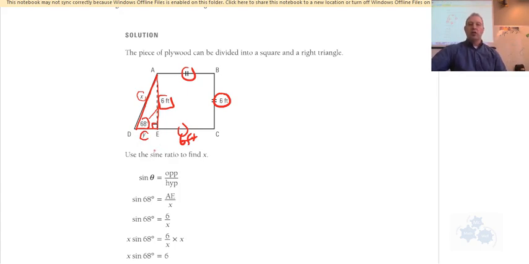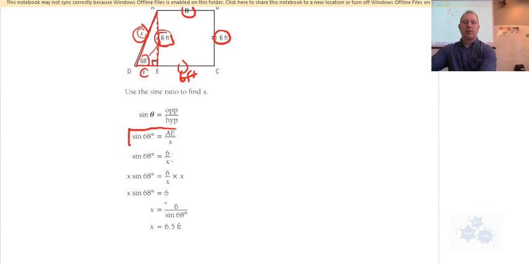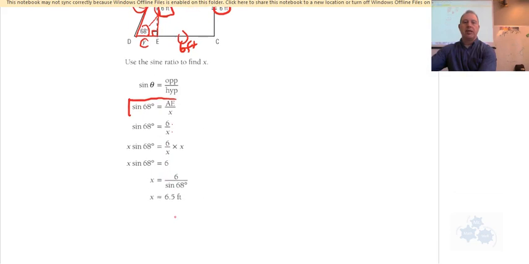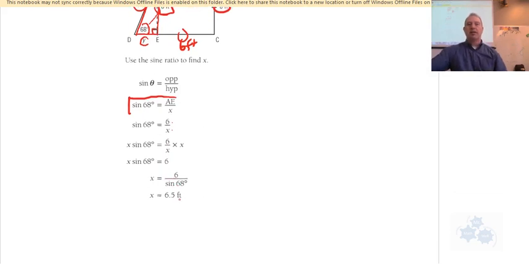If we take the sine first of all, that's going to give us opposite over hypotenuse. So we can solve for x. You see this? Sine of 68 equals AE, this side length of 6, divided by x. You could solve for x pretty easily by doing 6 divided by sine of 68 to get this number.